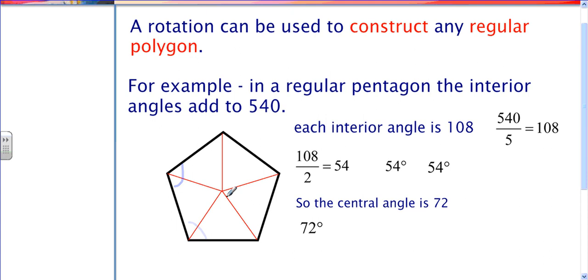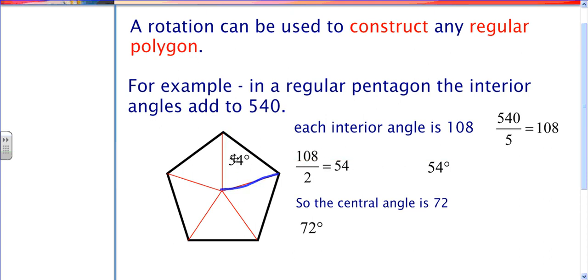But if I draw in what we call the radii, it's almost like this is a circle, and they go from the center to each vertex. If I draw all of those in, what I would be doing is cutting that 108 degree angle exactly in half. So 108 divided by 2 is 54.